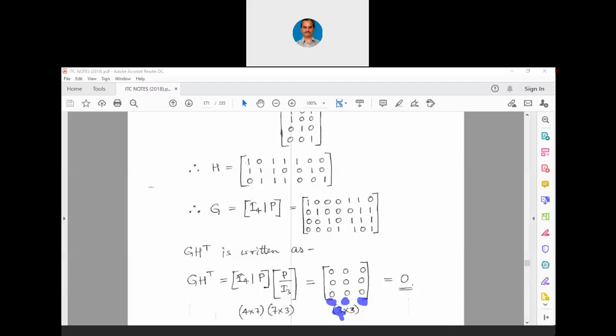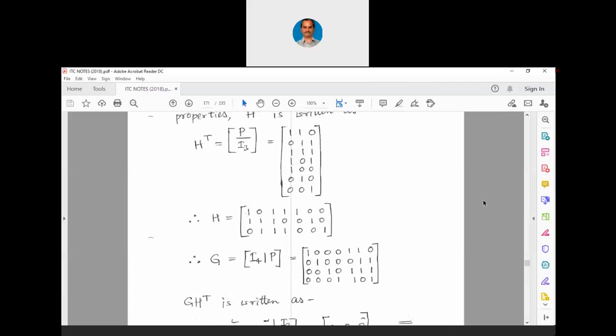You can actually multiply. We had proved it earlier that the corresponding element is going to be XORed with itself. We will find out. So we have to multiply G with H transpose. This particular one and this particular one, 1 into 1, then 0, 0, 0, then this 4 zeros, then again this is 0.